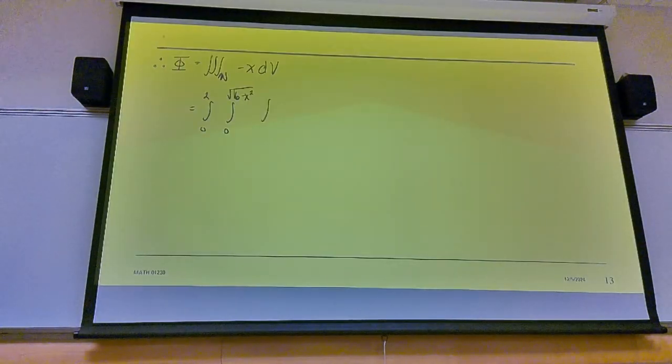Oh, z's easy to do. Ultimately, I'm going to have to distribute that x through.